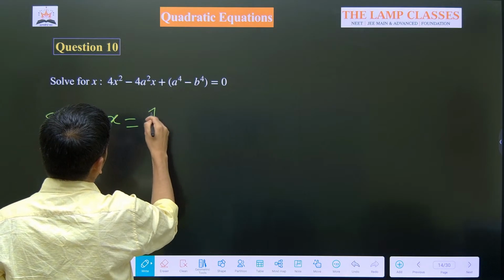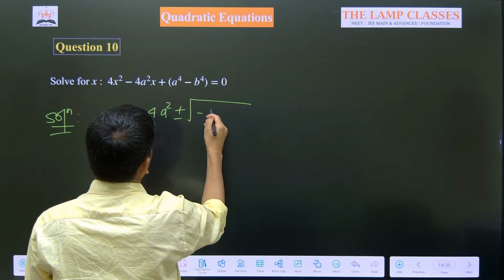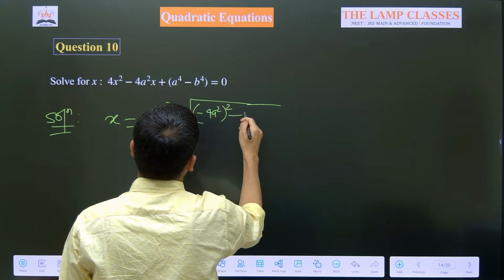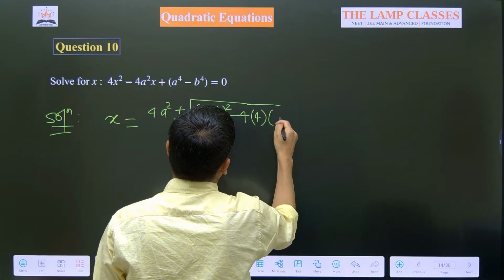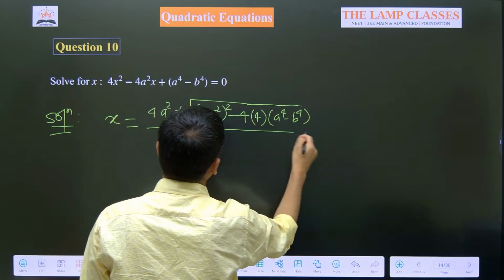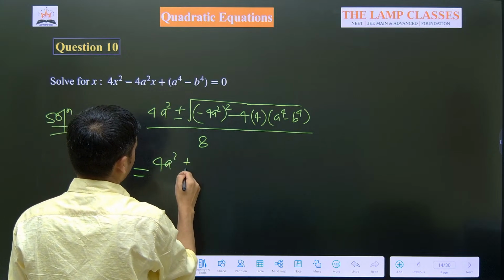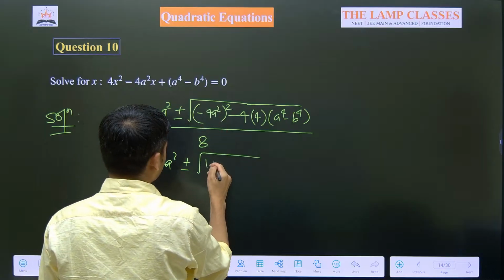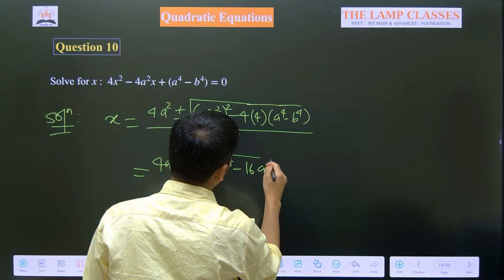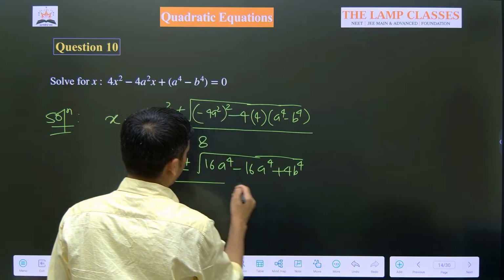Minus b, so it's 4a square plus minus root under b square minus 4a square the whole square minus 4 times a raised to 4 minus b raised to 4, upon 2a, it will be 8. So that's 4a square plus minus 16a raised to 4 minus 16a raised to 4 plus 4b raised to 4, upon 8.